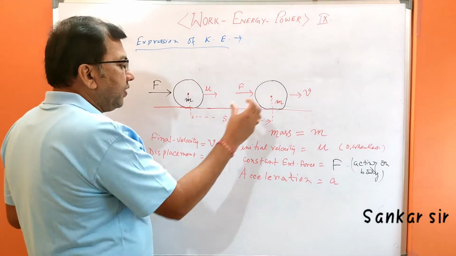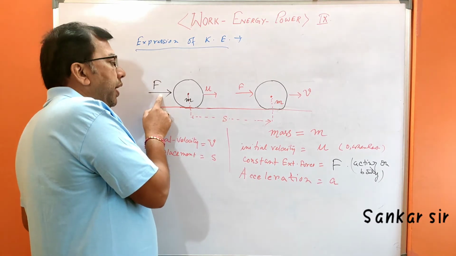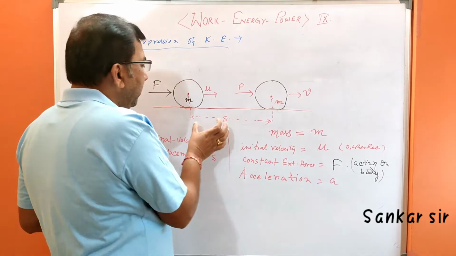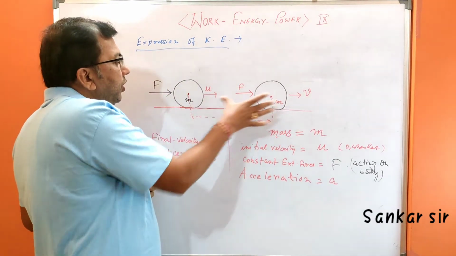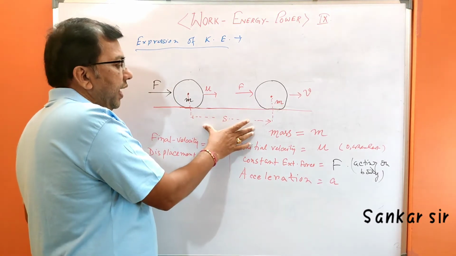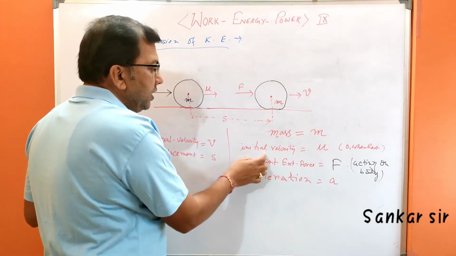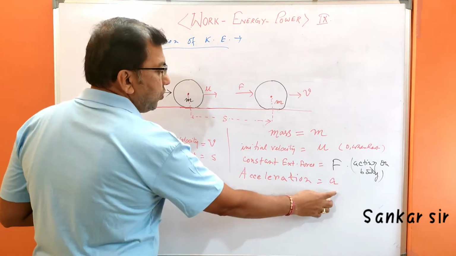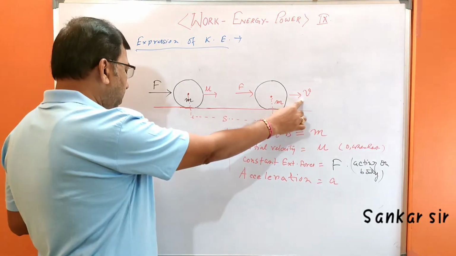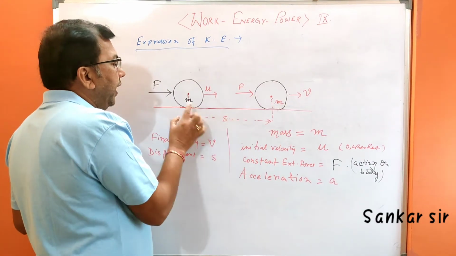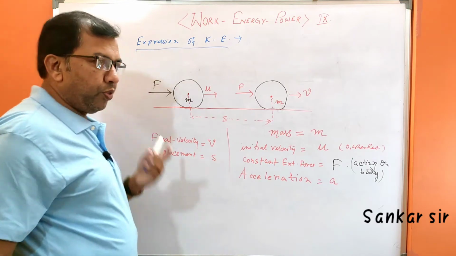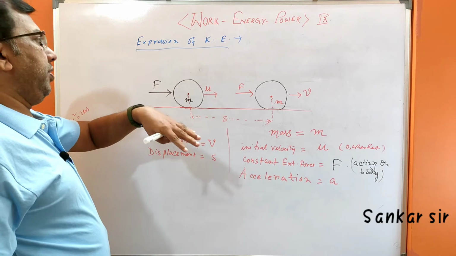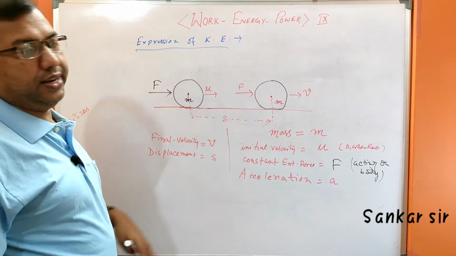The final velocity after some time will be v, the acceleration is a, and the displacement is s, from here to here. From this point of view, how do we derive the expression of kinetic energy?